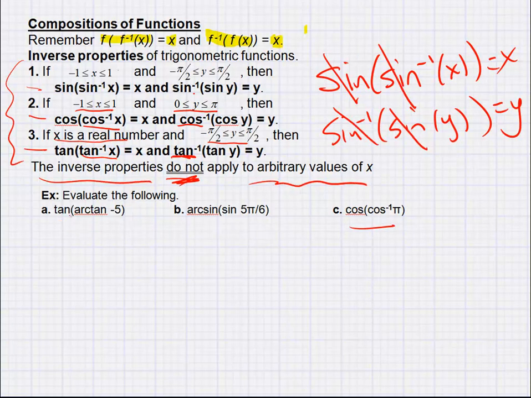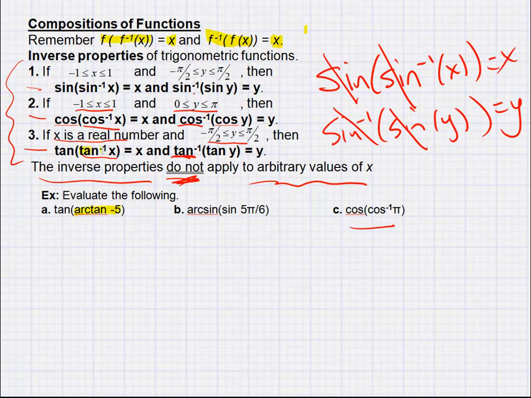All right, so let's look at the first one. The tan of the arctan of -5. What I would like to do is say, okay, cancel these two since they're inverses, and the answer is -5. Whatever's inside here, that's my answer. Now that's only possible if I follow these restrictions. Arctan's on the inside.